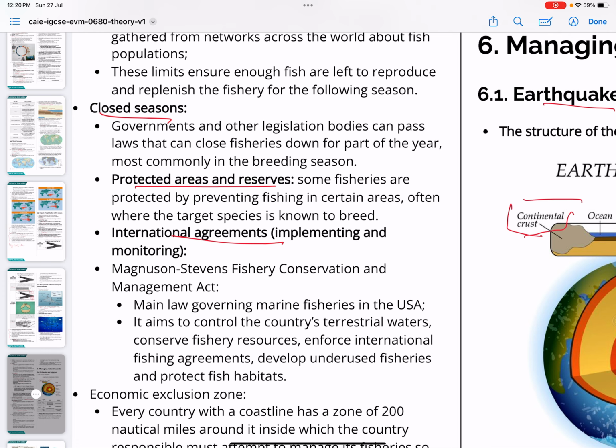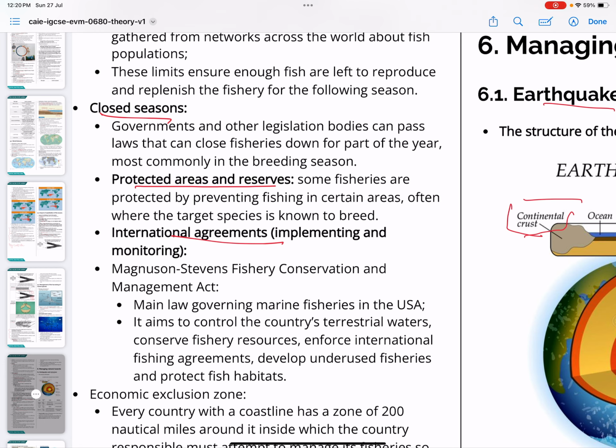So here what needs to be done is that these three countries need to combine together and form international agreements. These agreements are going to be implemented, and they are going to make the countries work together in order to prevent overfishing in the ocean or the sea.